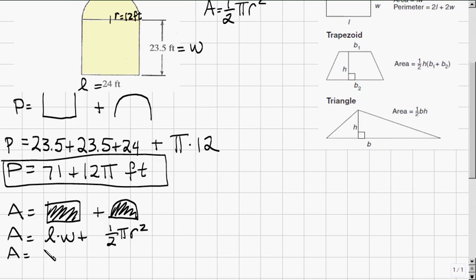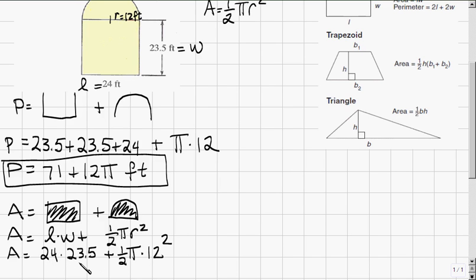We'll write L is 24 times, and the width was 23.5, plus 1/2 times pi, and the radius was half the side. Half of 24 is 12. So right here, multiplied by 12 squared. Let's multiply the decimals and simplify 1/2 pi times 12 squared for our final area answer.